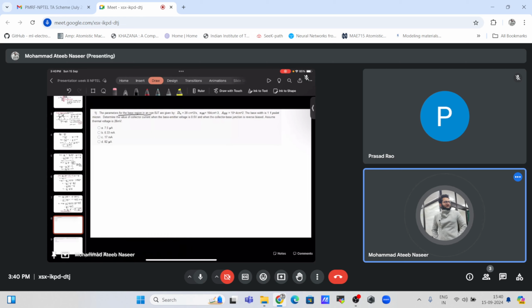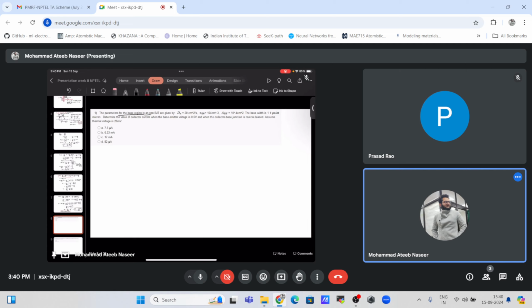For an NPN, the electrons are the majority carriers that we need to collect at the collector. We need to transition through the base region, where these electrons will be minority carriers, and we need minimal recombination in the base region.